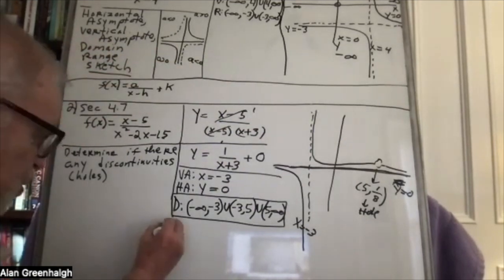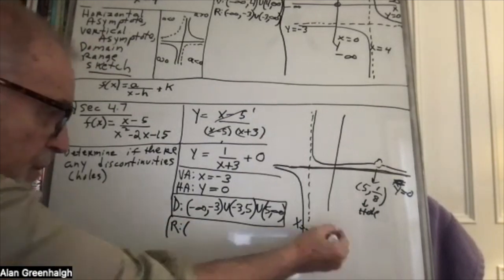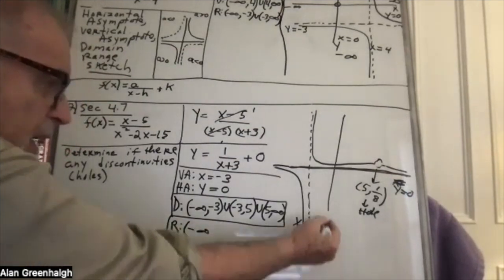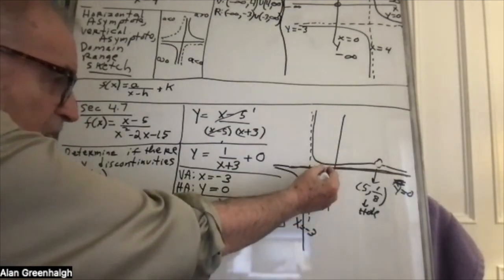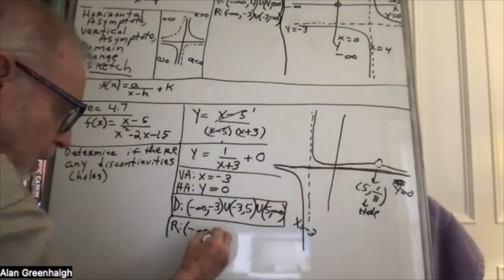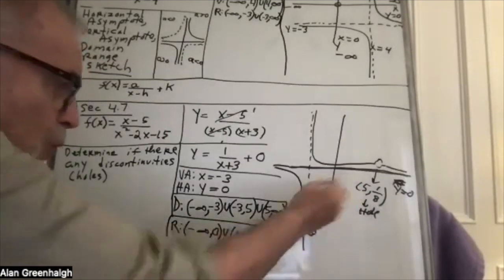And the range will go from -infinity going up this way, and to y equals 0, and then from 0 to 1/8.